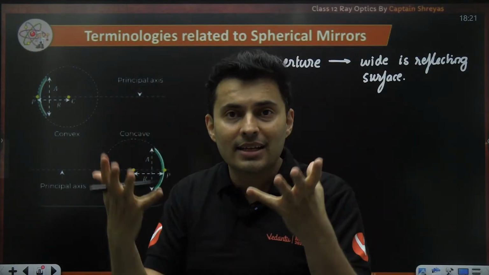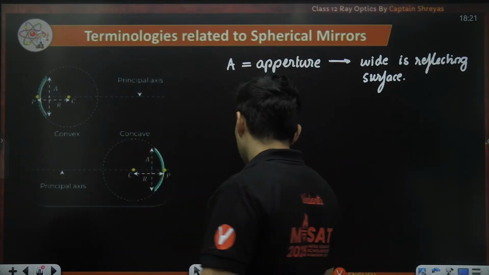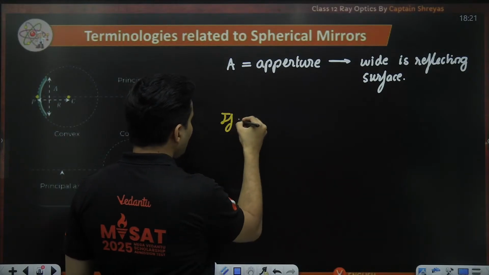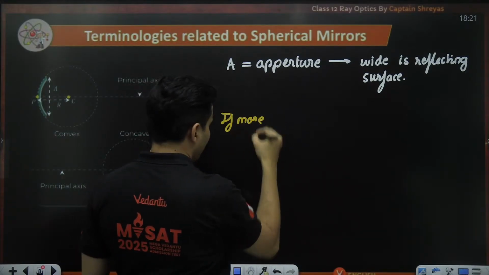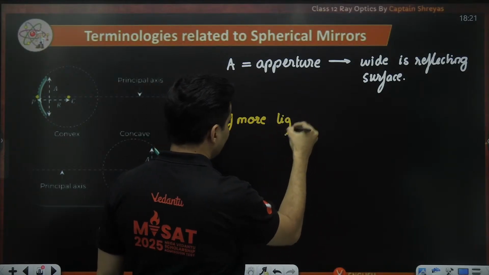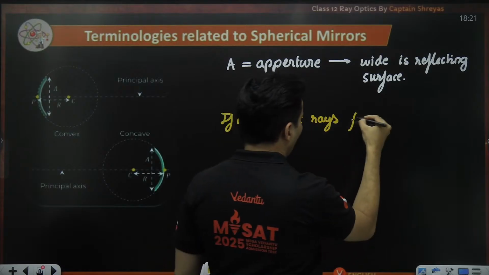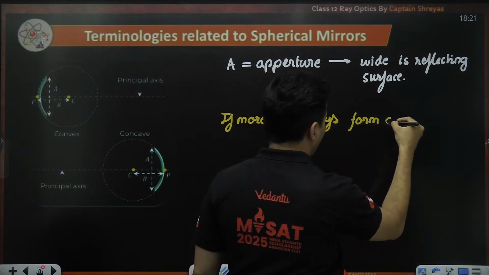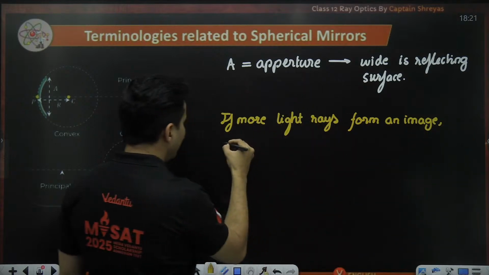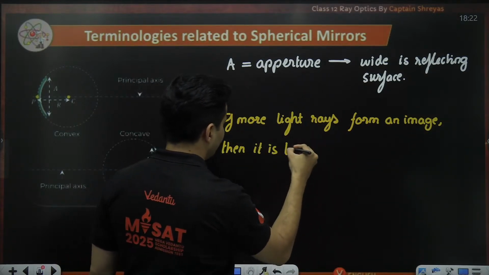If there are more rays, more aperture, the brightness will depend on it. So keep this in mind: if more light rays form an image, then it is brighter.